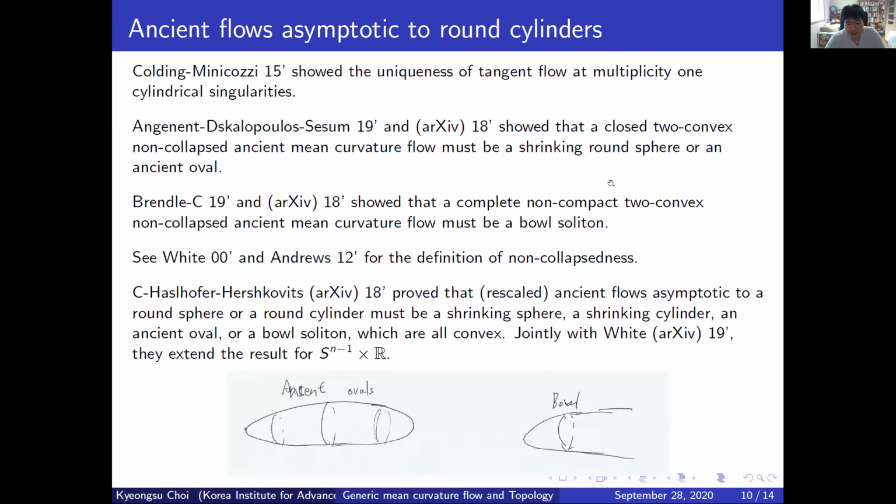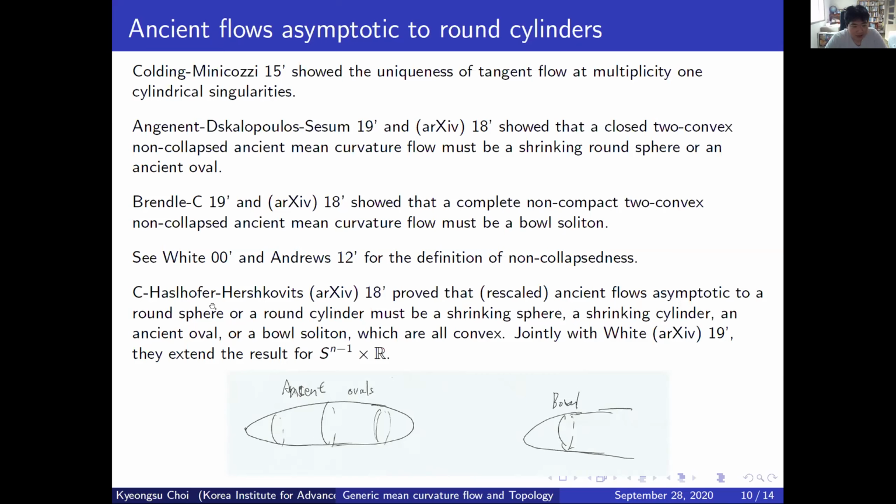But anyhow, it must be a round sphere or an oval. And then Brendle and myself show that if we consider the complete case rather than closed, then it must be a ball soliton.